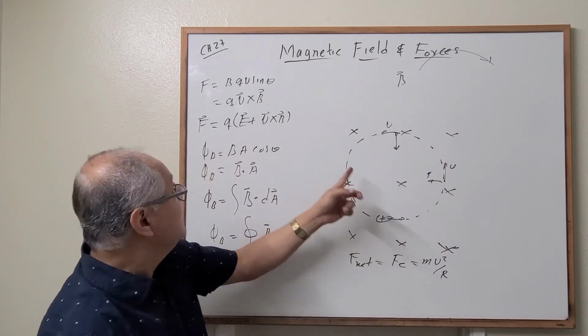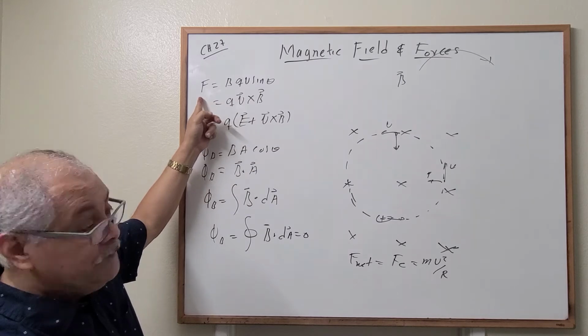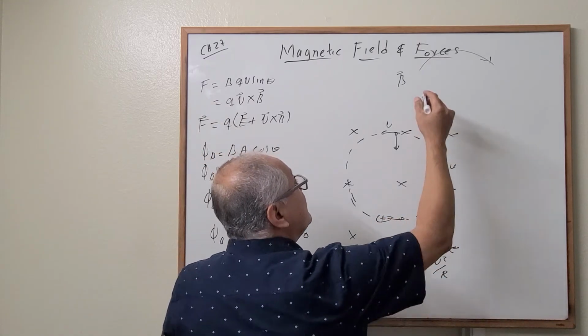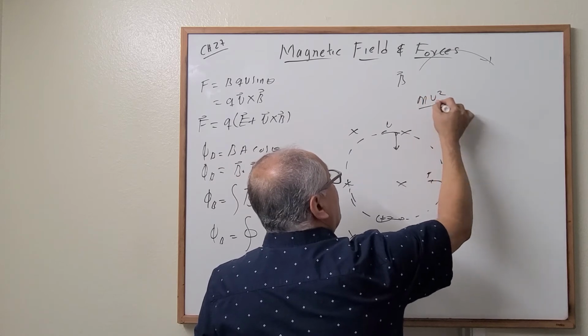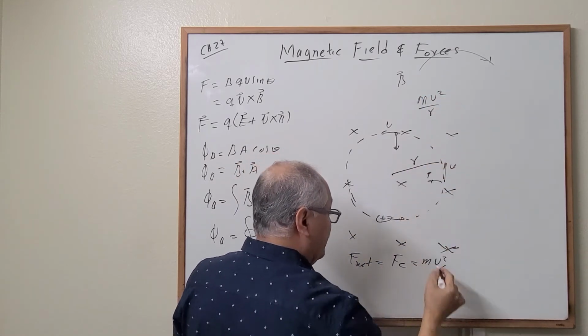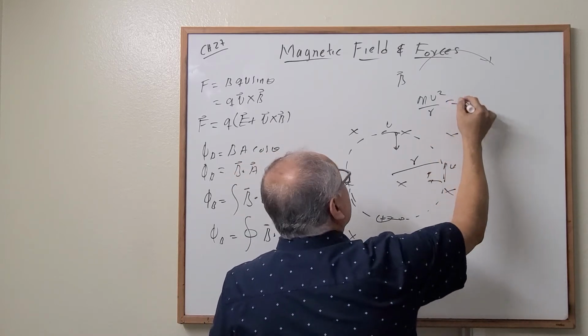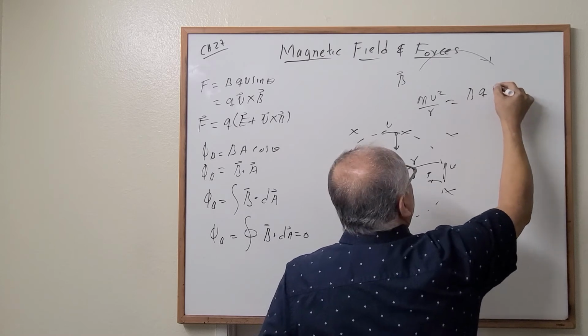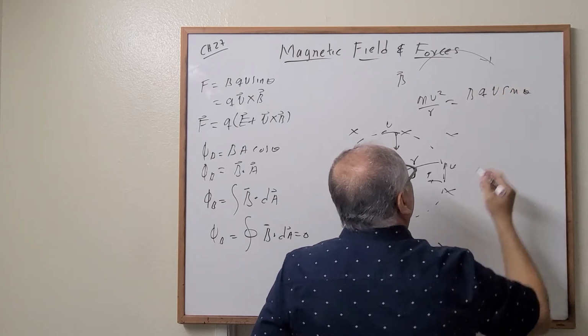Well, that force is going to be this magnetic force. Then the centripetal force, m v squared over r, where r is the radius of the circumference, must be equal to q v sine theta.